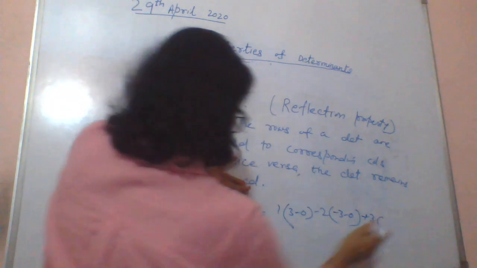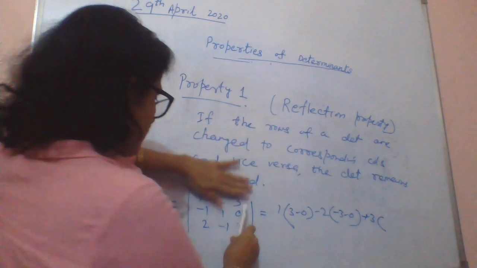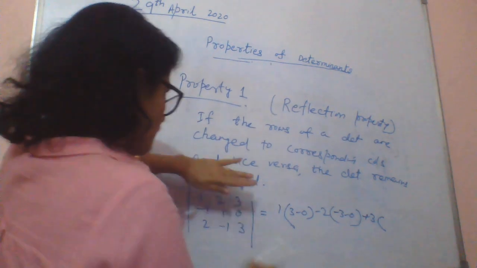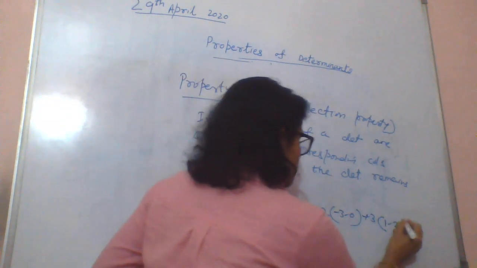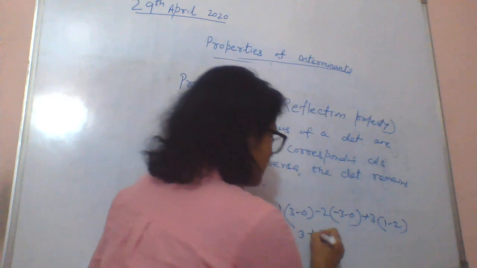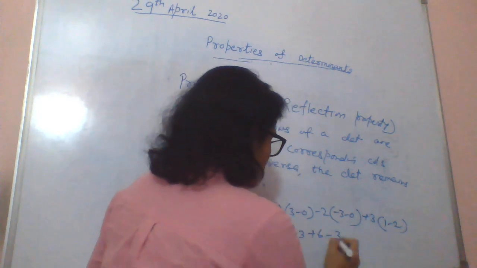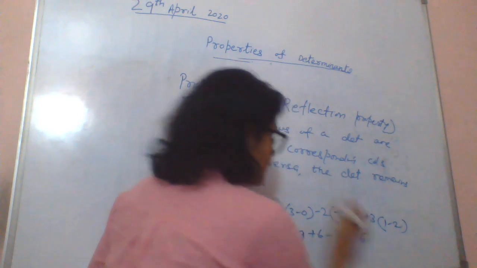I am expanding this from the first row, otherwise you can expand it from any row or any column. So you are getting 3 plus 6 minus 3, which means you are getting 6 here.